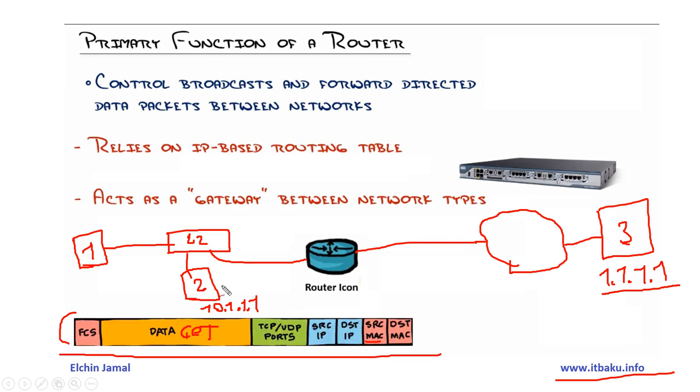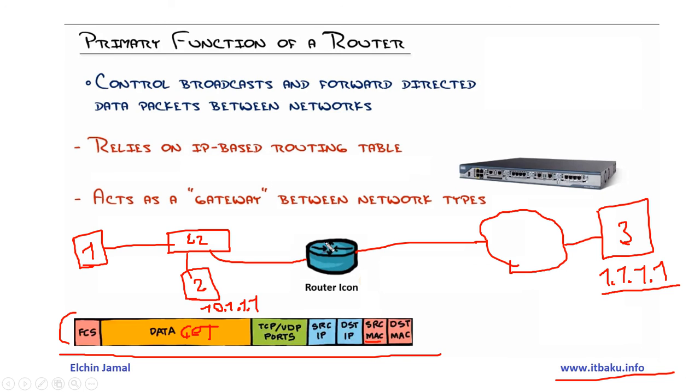The computer doesn't know anything about this server's MAC address, because the server is outside of its network. It's outside of the router, outside of the network, somewhere in the internet. The computer doesn't have any information about the destination MAC address of this web server. But the computer knows that in order to reach the server, it should forward all requests to our router.